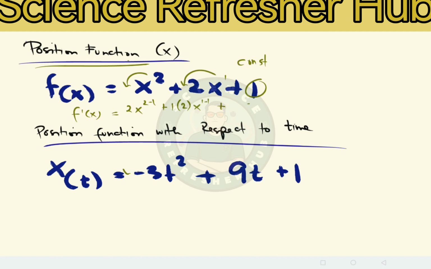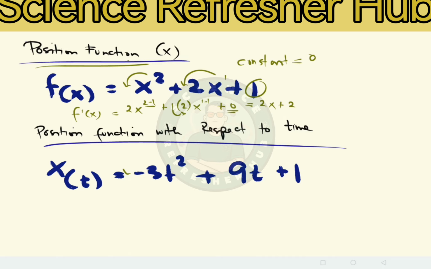Remember, I said 0 because a constant in getting the derivative is always 0. So let's have 0 instead of 1. Let's write 0 here. Let's simplify. 2x, 2 minus 1, that's going to be 1, or you can just simply not write 1 here. It's understood.